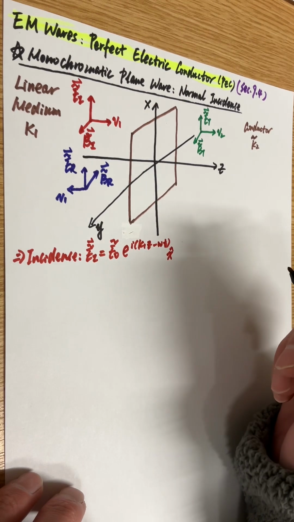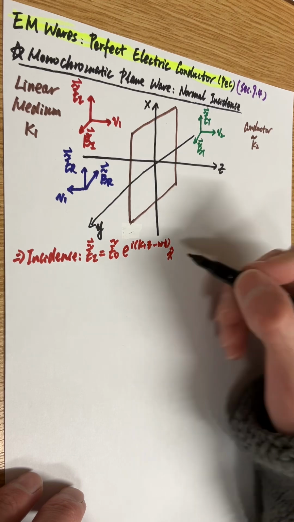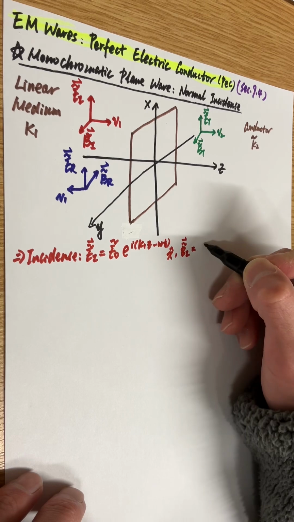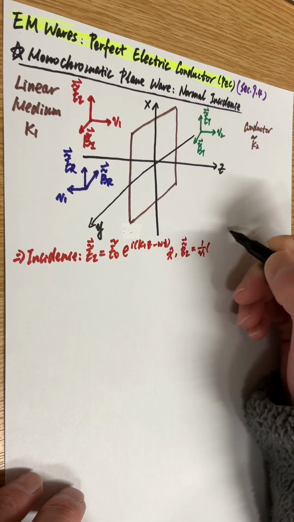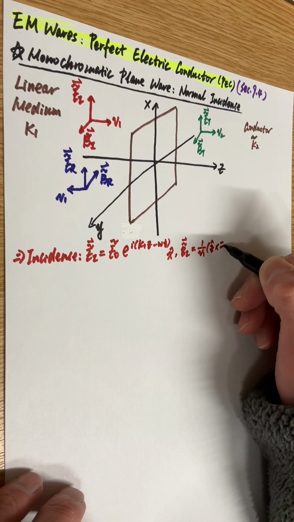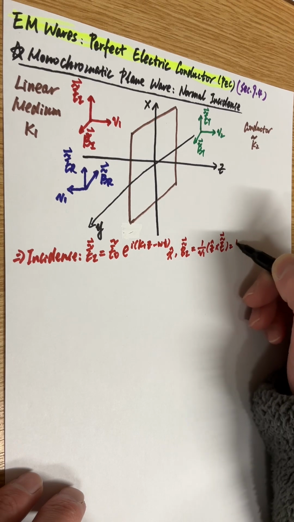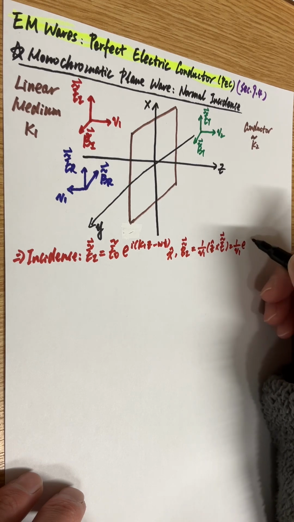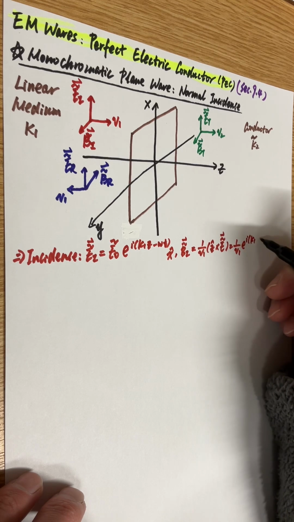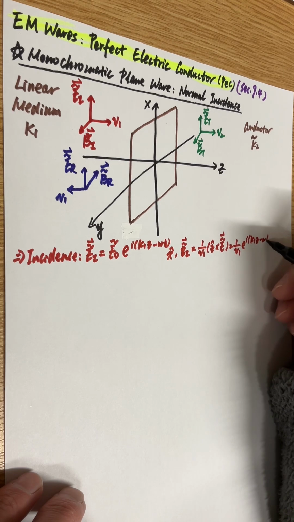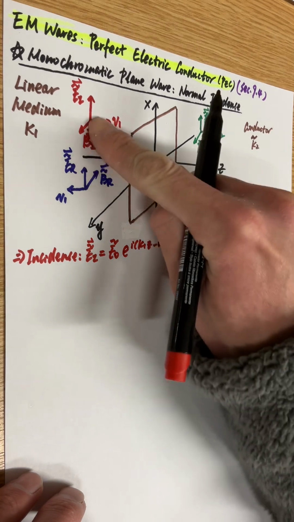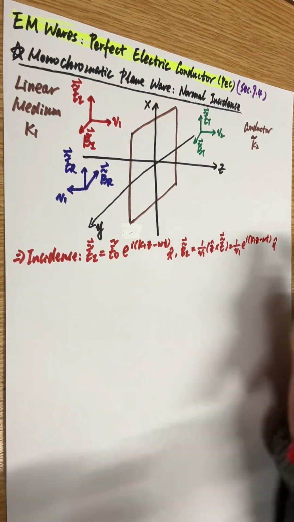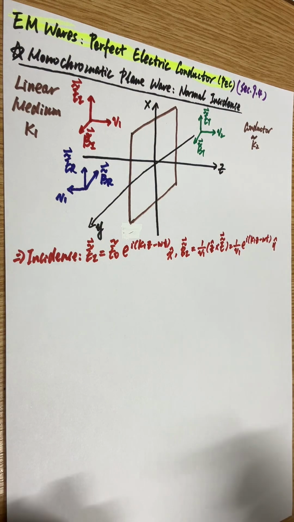Polarization direction is the x direction. So we have the magnetic field here equals 1 divided by V1, and then the propagation direction cross the E field. So we have 1 divided by V1, and then the same propagation function e to the i(kappa 1 z minus omega t), and the B field direction is the y direction, since z direction cross x direction gives us y direction. So that's the incident wave.